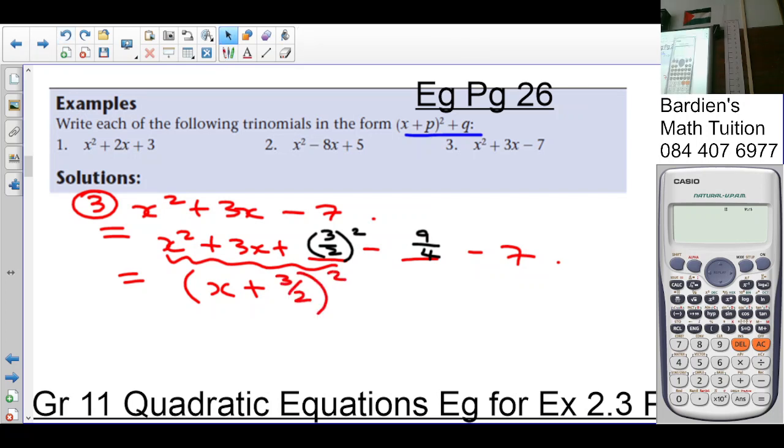Now you've got your calculator, don't use your heads, especially those of you having problems with fractions. Or you can work it out on the side and confirm it with a calculator. So it's going to give you negative 37 over 4. You guys understand?